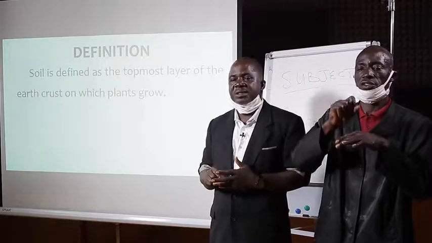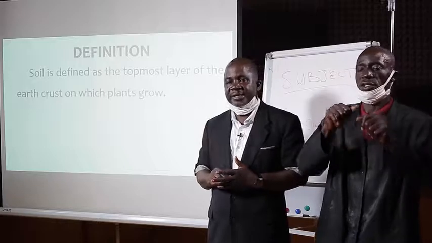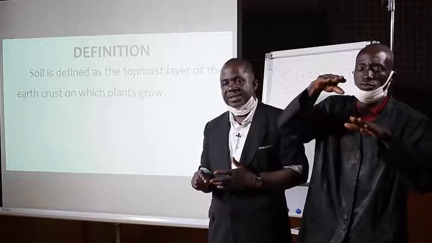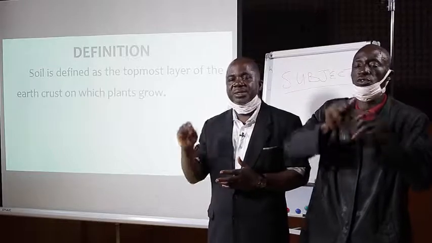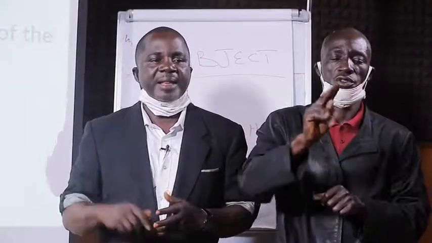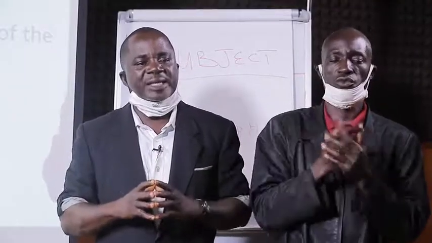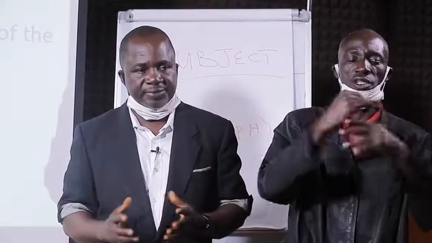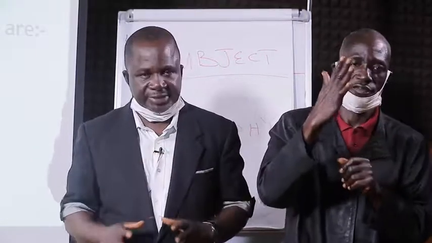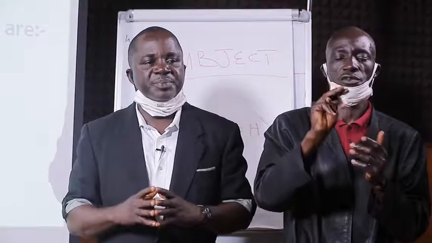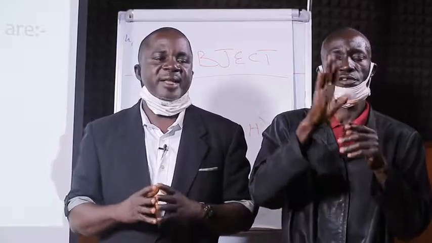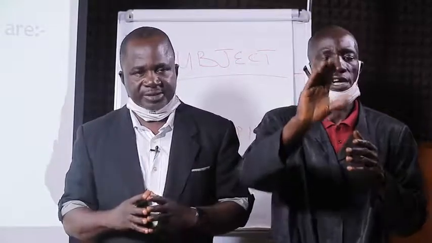In other words, it can also be defined as the uppermost layer of the earth's surface on which plants grow and derive nutrients. And I went further to look at what soil is made up of. Soil is made up of 5 major components. And what are these 5 major components?